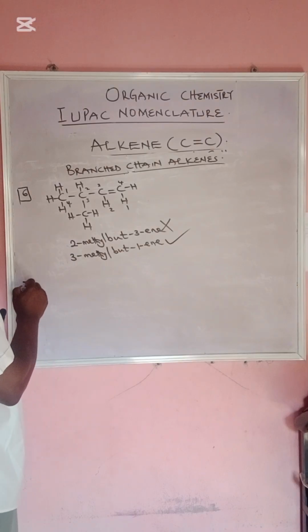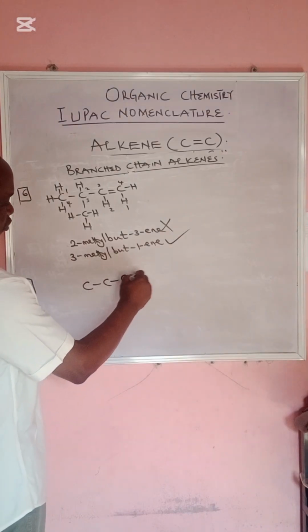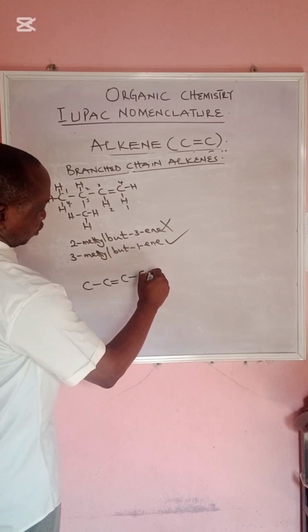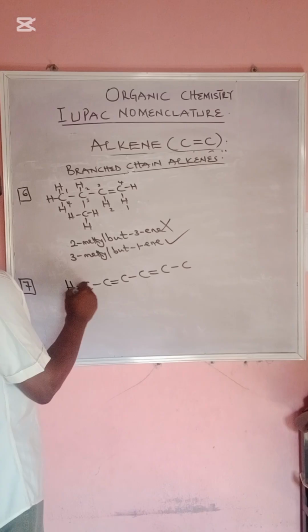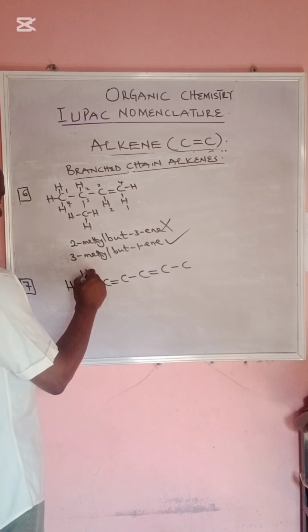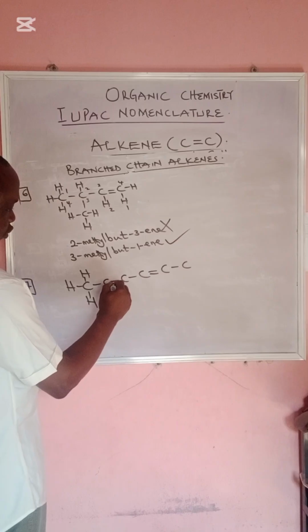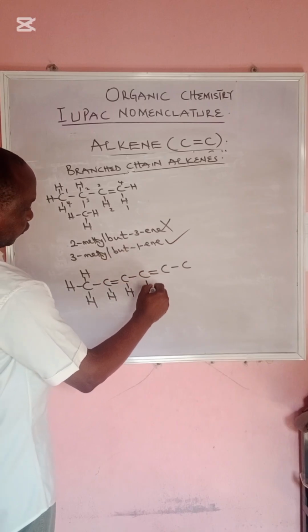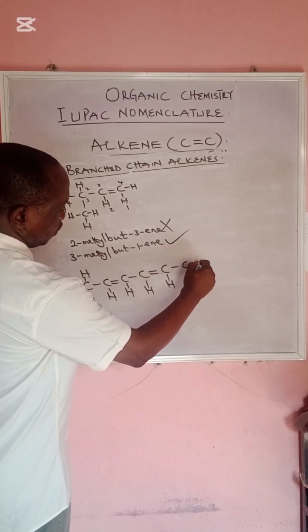Let's see more examples. Example 7. Let's see something like this. Is it possible? Yes, it's possible. You have hydrogen here, and you have 1, 2, 3, 4 on each carbon.